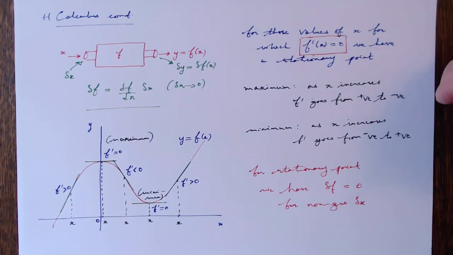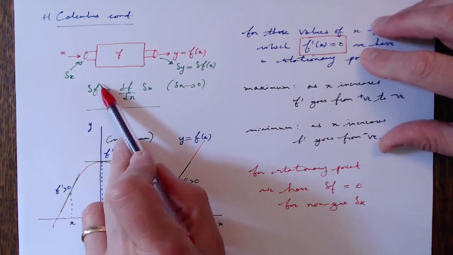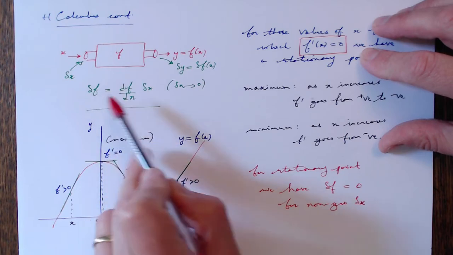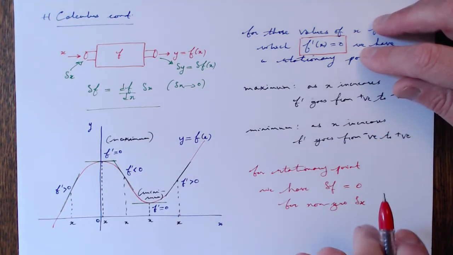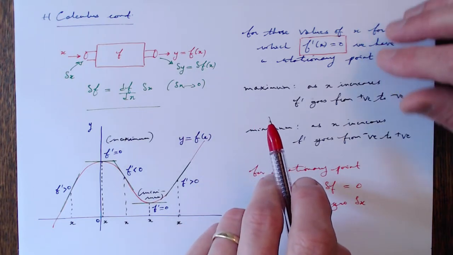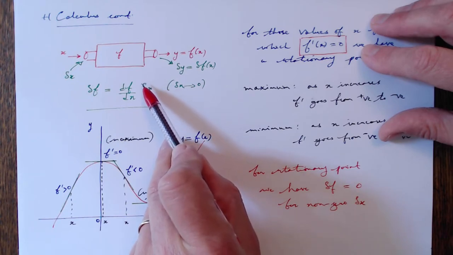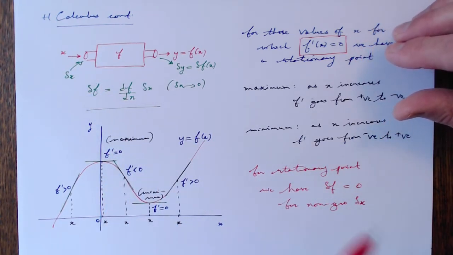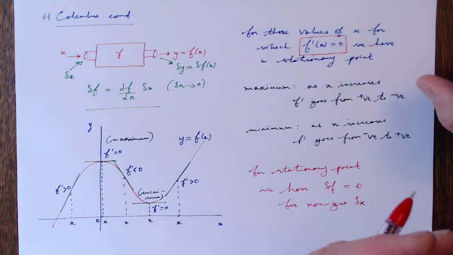Let's imagine that your function is telling you something about, let's say, the health of an ecosystem, and your input variable is something like temperature or pH or the number of invasive species. If, as you change the temperature, the health of the ecosystem changes wildly, you would say that the ecosystem is very unresilient or unrobust.